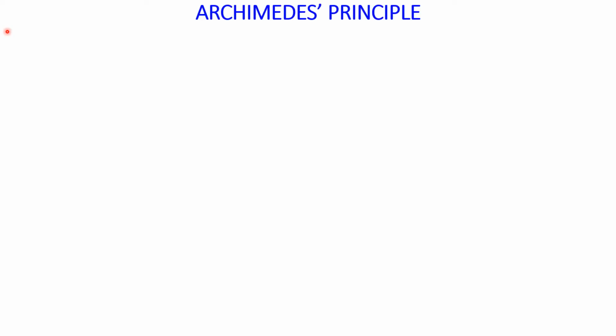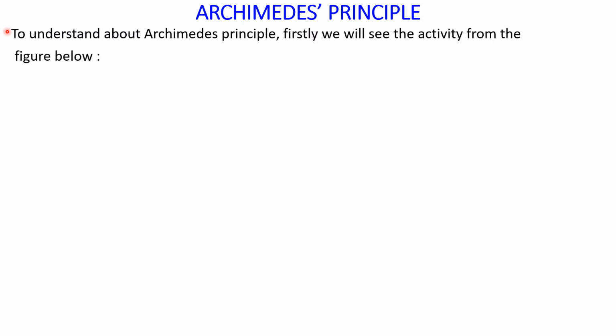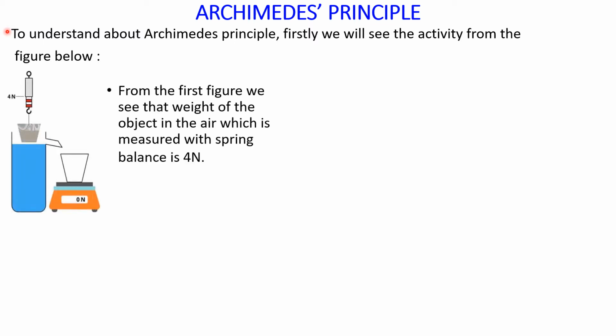Archimedes' Principle. To understand Archimedes' Principle, firstly we will see the activity from the figure below. From the first figure, we see that the weight of the object in the air, which is measured with a spring balance, is 4 Newton.